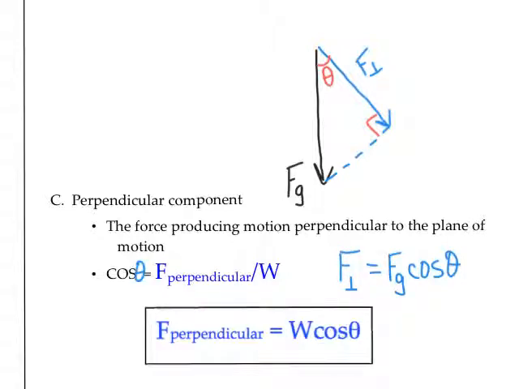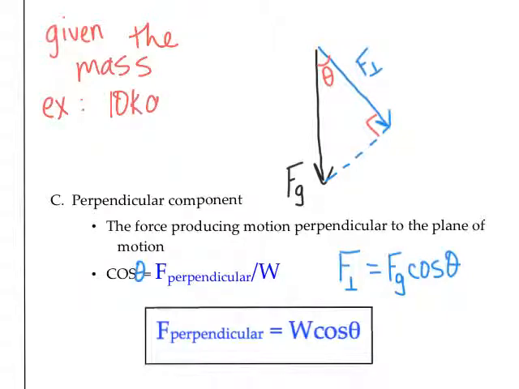The only thing extra that you would have to remember is that if you are given the mass of something, that's going to be in kilograms. If you were to find the parallel and perpendicular components to the weight, you would need to actually convert mass to weight, and we do that by multiplying your kilograms times 9.8.